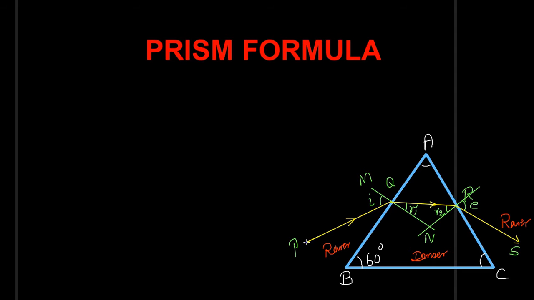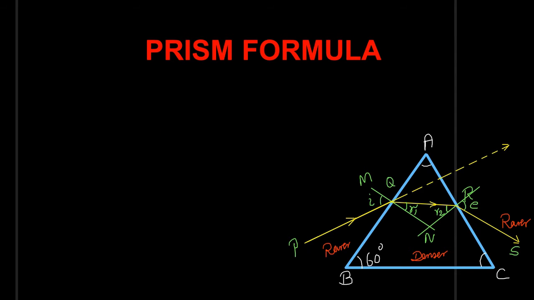So if the prism was not there, the ray PQ would have advanced like this. I mark it as a dotted line. This is the extension of the incident ray.